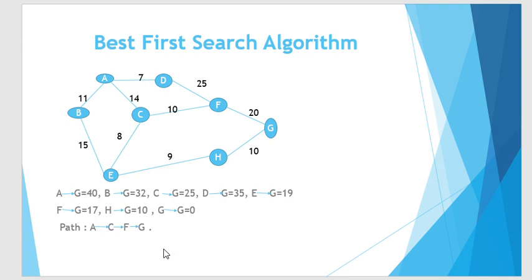But if you go through A to C, C to E, E to H, and H to G, then see what the cost will be. That is 14 plus 8 plus 9 plus 10. That means your cost will be 41, which is less than 44.